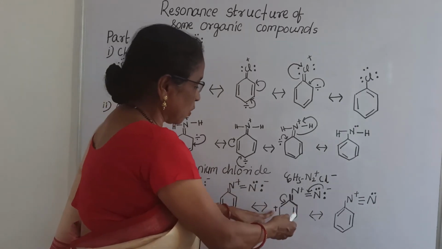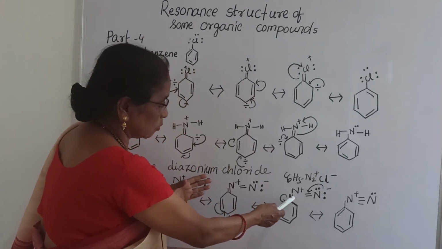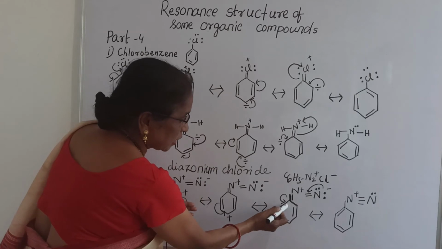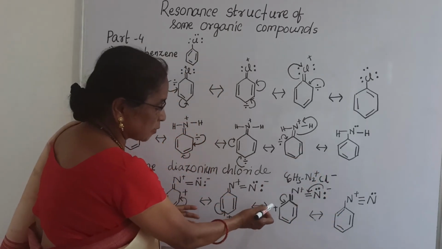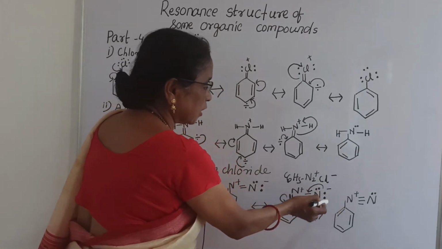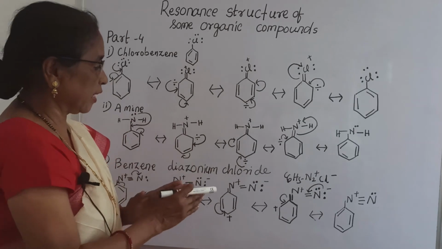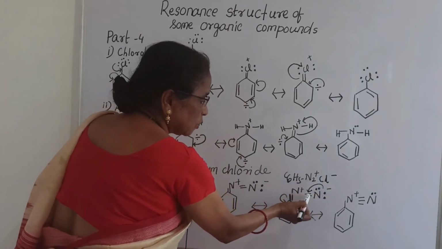In the last case, the double bond pi electron moves to this bond, and that is why it occupies a double bond here, whereas the positive sign is not there. Since it contains two lone pairs of electrons having a negative sign on this nitrogen, it delocalized to this bond.